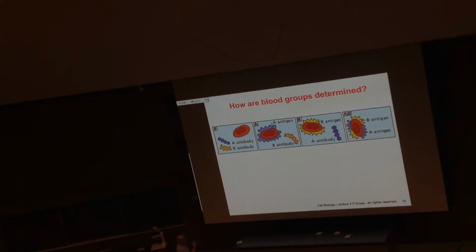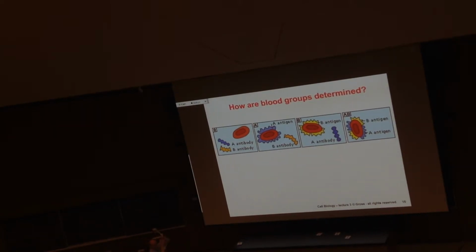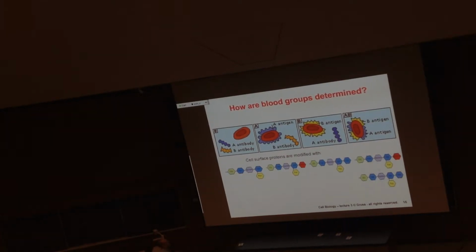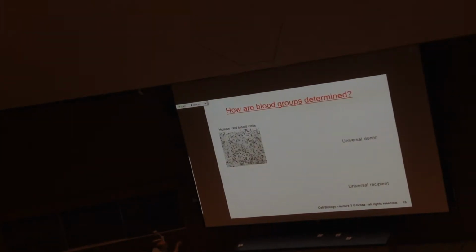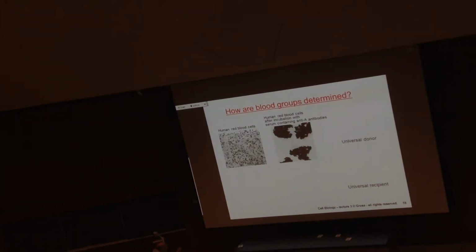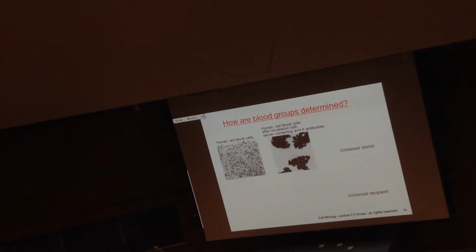If it was B-type blood, conversely, the B antibodies would bind, and if it was AB, they would both bind. Now what happens when the antibodies bind is that they cause the blood to clump up, and so you can tell whether they bound by how much clumping there is. Let me see, I can show you a picture. So this is normal blood, and when you put in anti-A antibodies and it's A-type blood, you see that. It's pretty clear under the microscope that it's been clumped due to the A antigen.